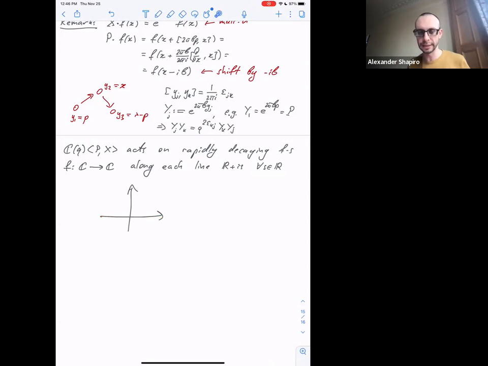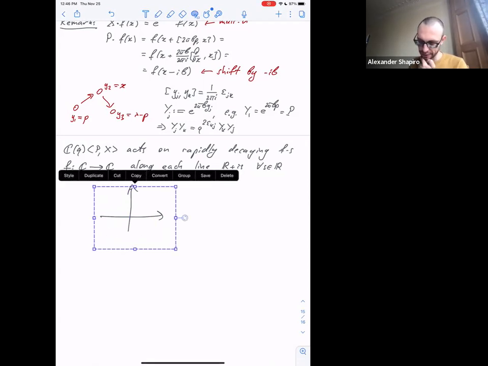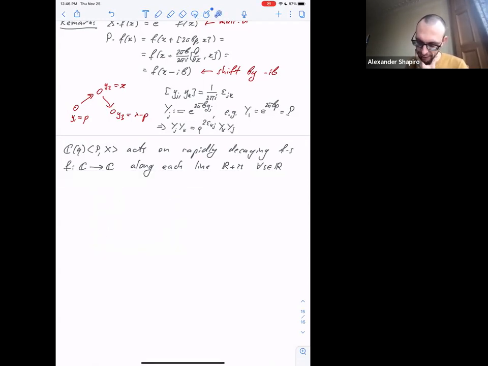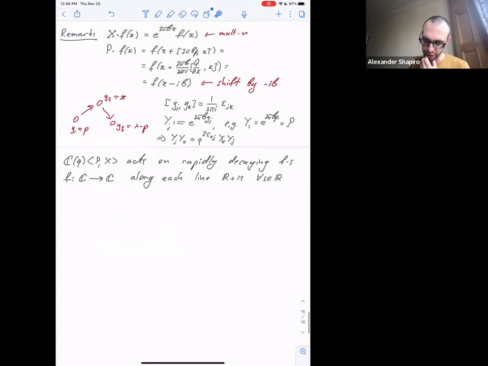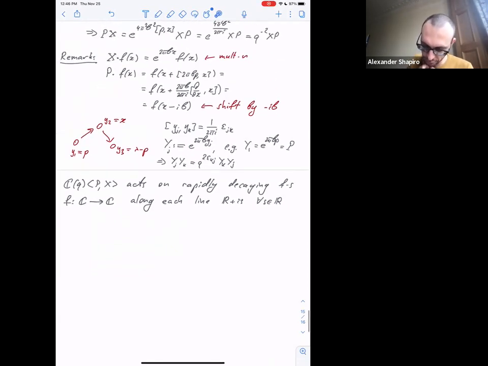They also have analytic continuation, and this analytic continuation rapidly decays along each of these horizontal lines. Now, I don't want to specify what rapidly decaying means, but you can probably guess just by knowing that multiplication by e to the x should act on these lines, and shift in the vertical direction should also act, right?